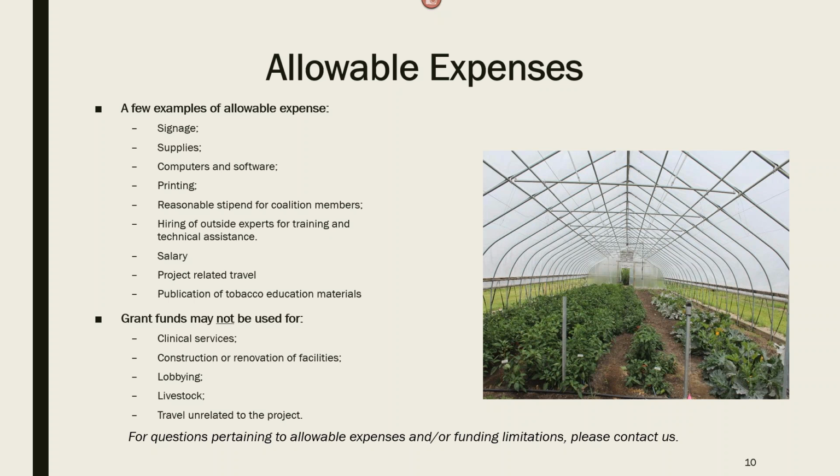So if there is a training that you think would benefit the staff, you can hire a consultant and they can provide that training, and you can start providing those services after. For example, if there's some kind of cessation program that you think would be beneficial for the community, you can actually hire a consultant and they can come to your community, train your staff, and then you can start implementing that program. You can also use the funds for salary.